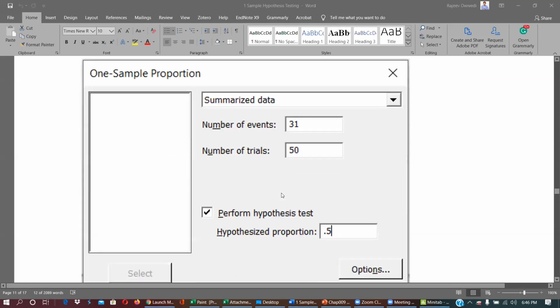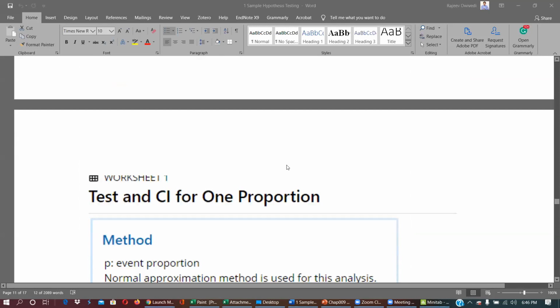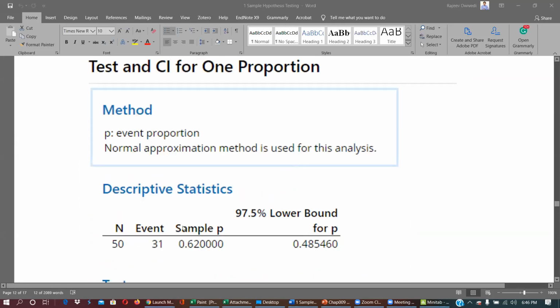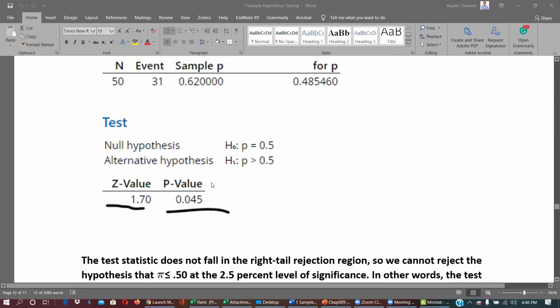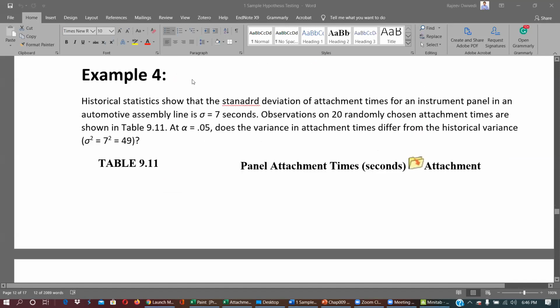Binomial and proportion are the same. For example, here the sample P value is 62%. So basically this is the same. Okay, the last question related.